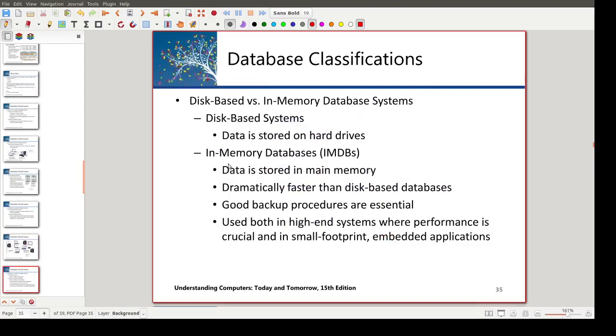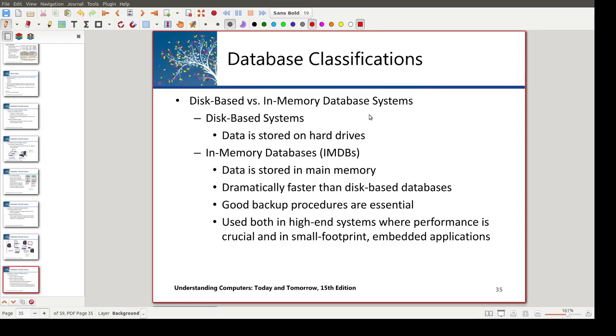We also have disk-based databases versus in-memory databases. You know that the disk is much larger in storage compared to the memory, but the problem is that it is very slow compared to the memory. So if your application needs speed, then you have to move your data into memory. That's why we use in-memory databases for crucial applications that need high-end systems or very fast access.